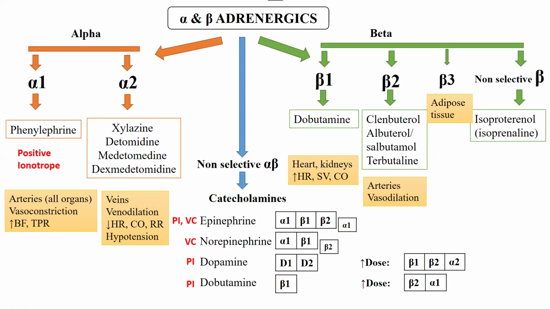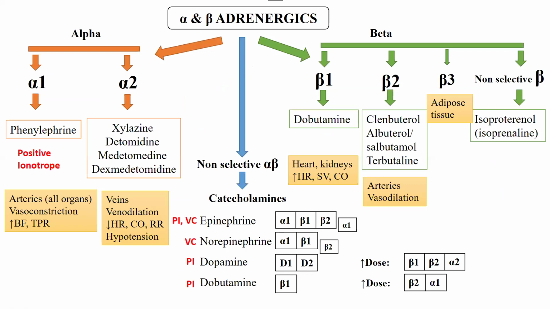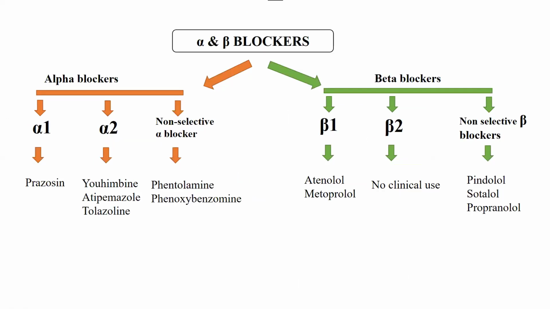In the alpha blockers, we have alpha 1 as prazosin. For alpha 2, we have yohimbine, atipamezole, and tolazoline. Yohimbine is specifically used as an antidote of xylazine. Atipamezole and tolazoline are specifically used as antidotes for detomidine or medetomidine.